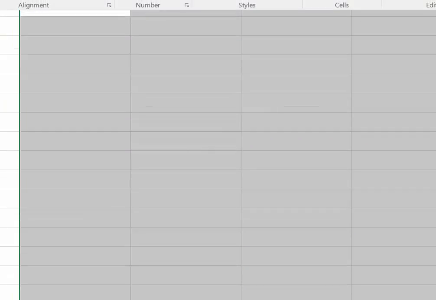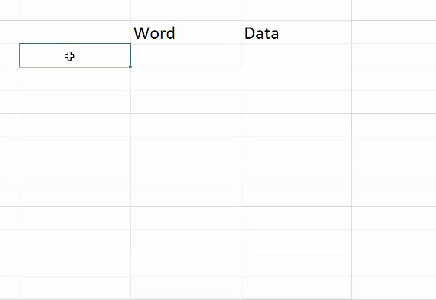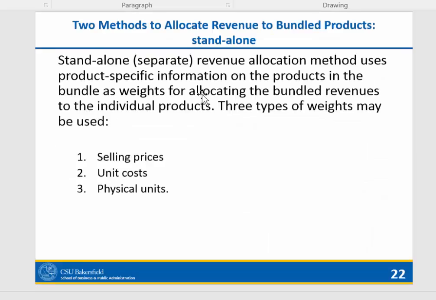This is Word, this is Data, and then I'm going to use the so-called standalone method.